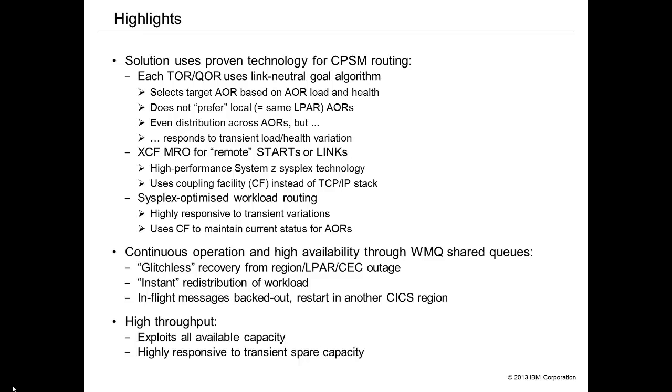If you are using CICS 5.1, 4.2, and MQ 7.1, you have the ability to use group units of recovery with this solution. It's very high throughput and it will exploit all your available capacity anywhere within your environment. So you don't necessarily see hot spots on one LPAR and you don't necessarily see very low utilization in others.